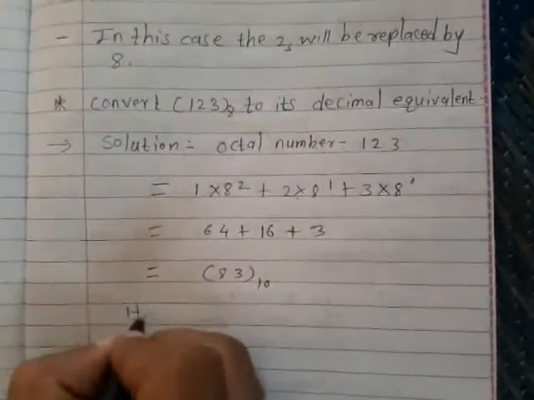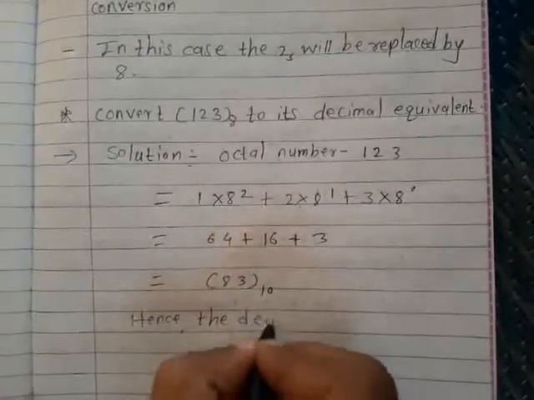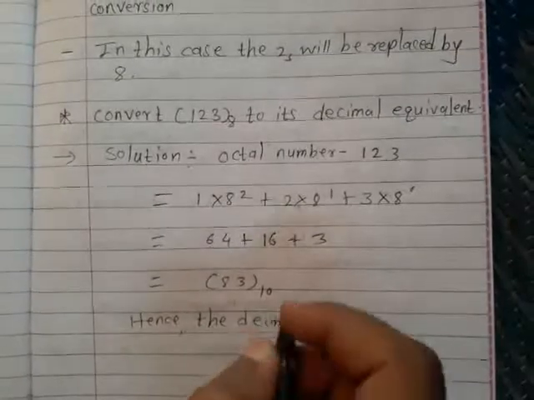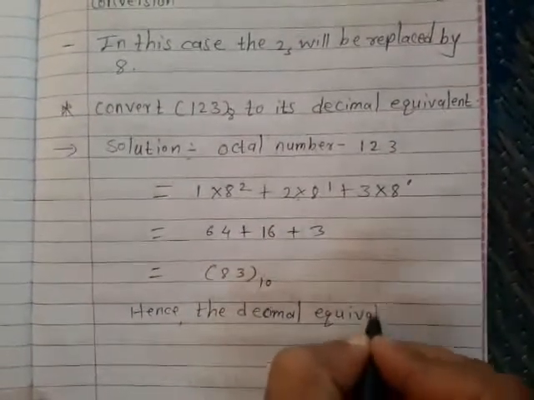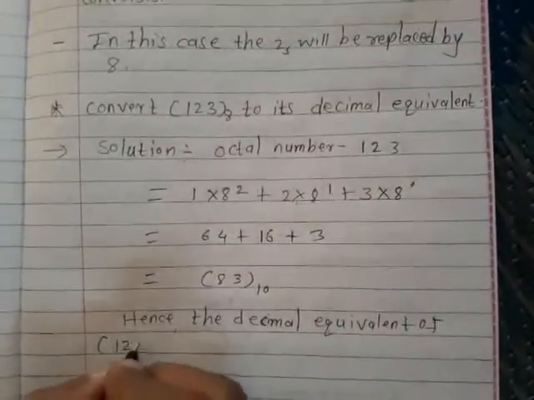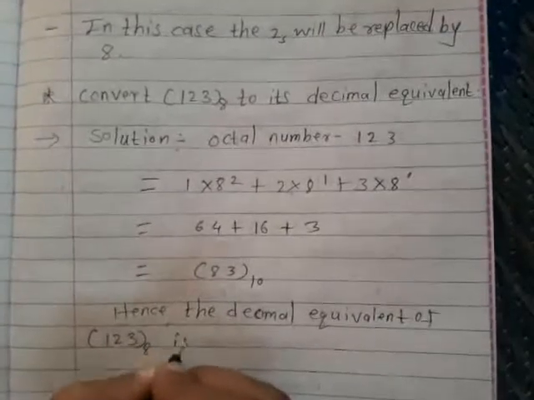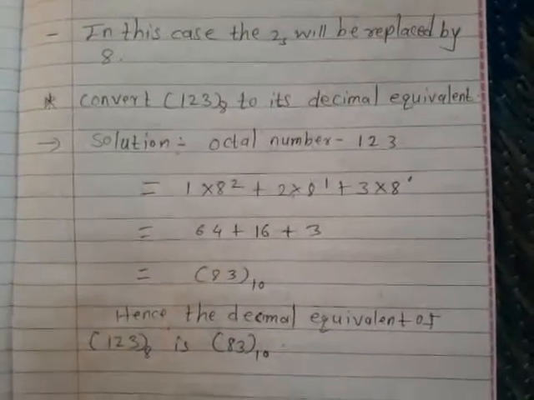Now see, hence the decimal equivalent of 1, 2, 3 base 8 is 83 base 10. This is what we have taken.